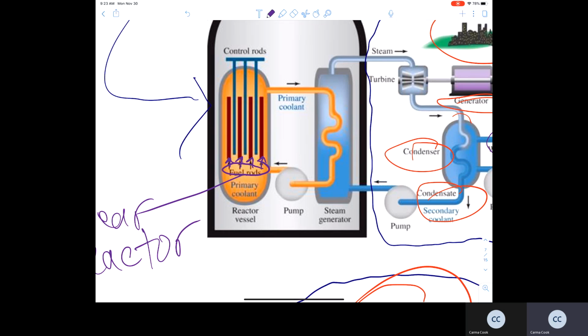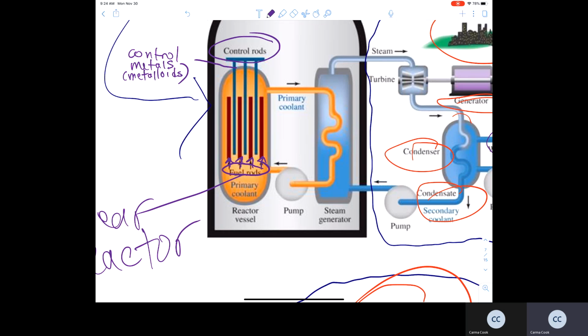The control rods, they have the control metals. And some are metalloids. It's a mixture. It's an alloy, which is a mixture of different metals and metalloids.